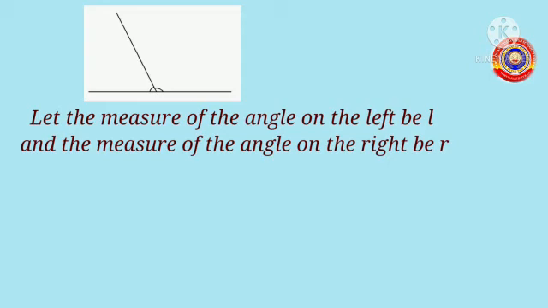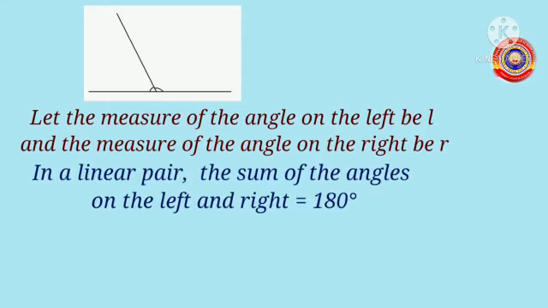You had studied in the chapter Joining Angles that in a linear pair, the sum of the angles on the left and right is equal to 180 degrees. The measure of the angle on the right is equal to 180 degrees minus the measure of the angle on the left. The measure of the angle on the left is equal to 180 degrees minus the measure of the angle on the right.